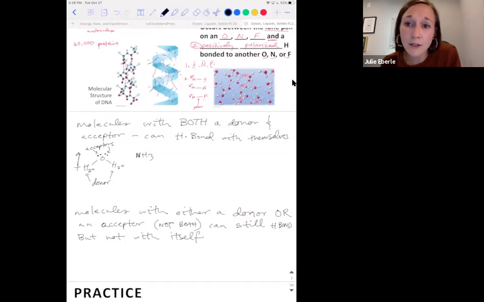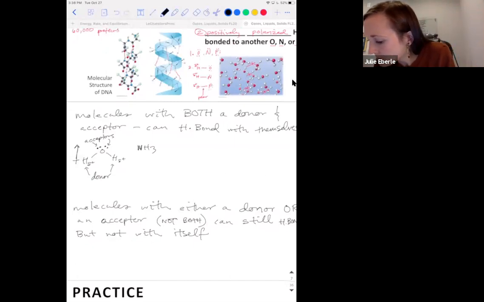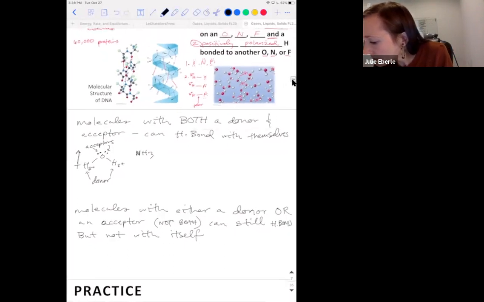Molecules that have either a donor or an acceptor, they just don't have both. What's an example that I'm thinking about? A good example would be, let's do CH3OH.